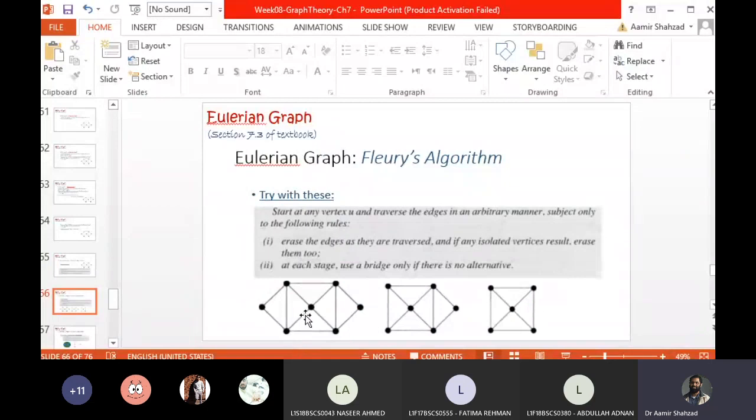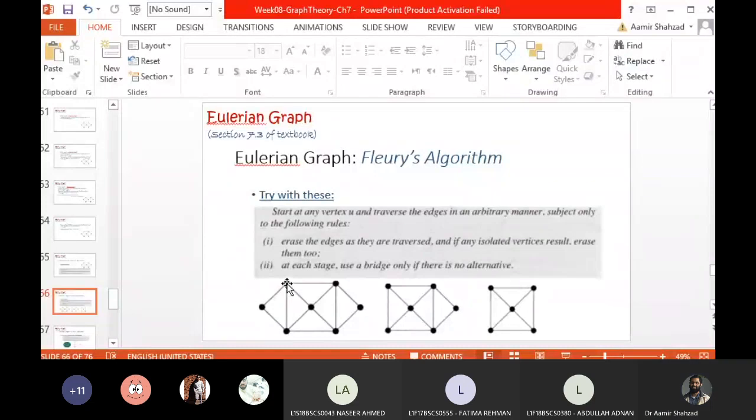So you can try with these graphs जो आपके पास नीचे दिए हुए using Fleury's algorithm. Can you make a Eulerian trail? If I start from here, I go to here, so I erase this edge. Then I come to here, I erase this thing. Now this is a bridge, so I should not go to here. So I go here, so I erase this, I go here, I erase this.